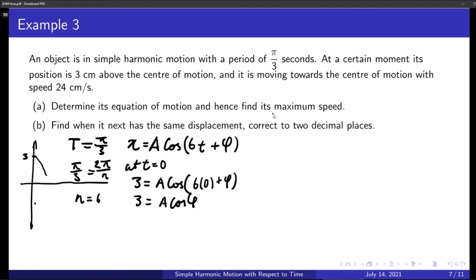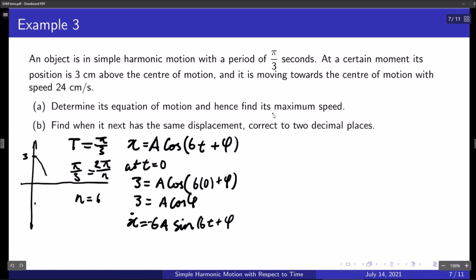So what we need to do now is utilize the information with respect to the speed. Speed or velocity is essentially the first time derivative of displacement. So x dot equals, actually cosine differentiates to negative sine, so negative 6a sine of 6t plus phi.